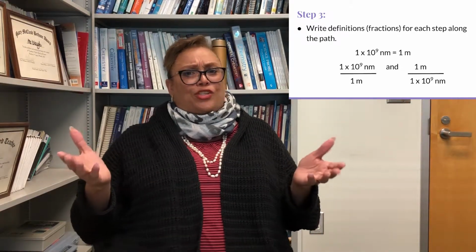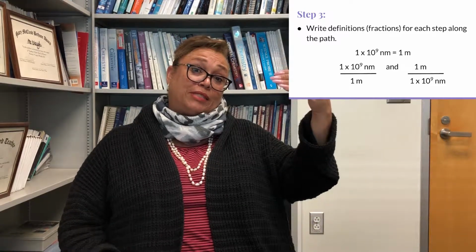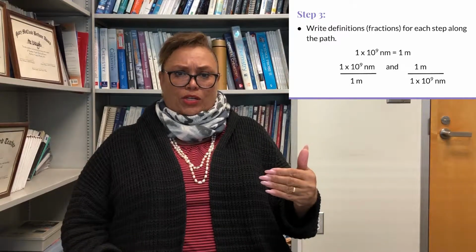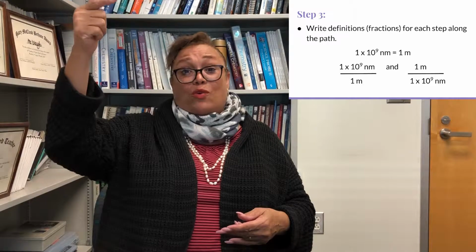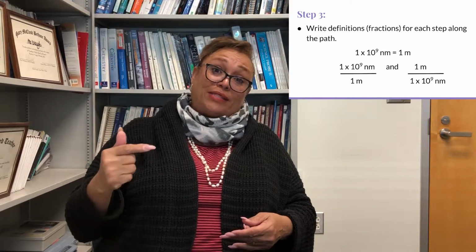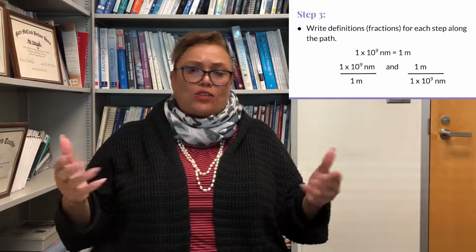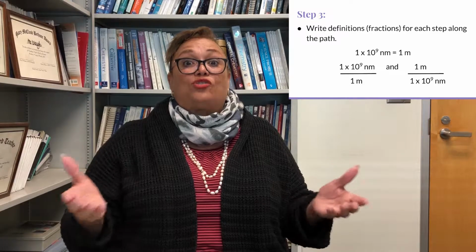Now that's a definition that you can make 2 different types of fractions from. You could put the 1 times 10 to the 9 nanometers in the top and the meter in the denominator. Or you can flip it. You can say 1 meter in the top over 1 times 10 to the 9 nanometers at the bottom. That's all you have to do, understand that relationship and you can solve it.